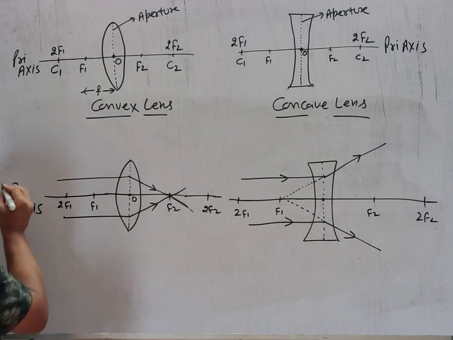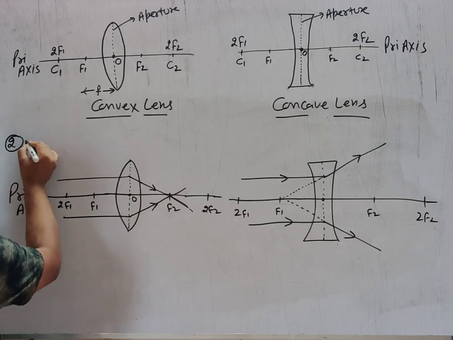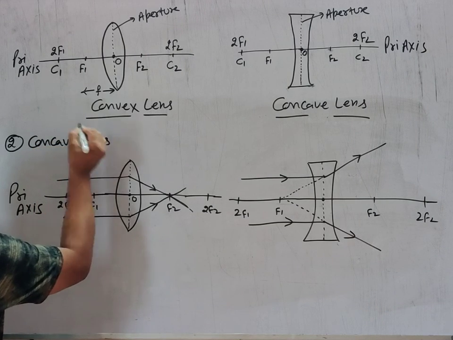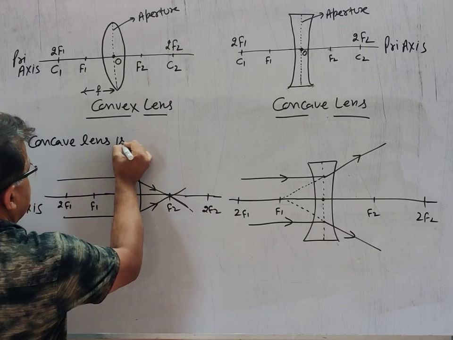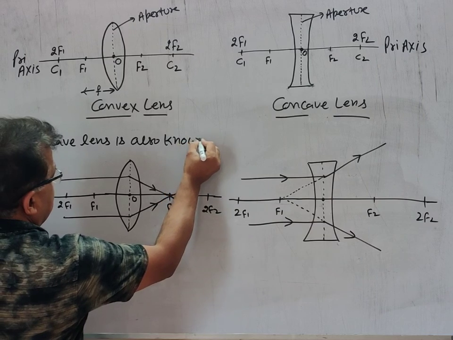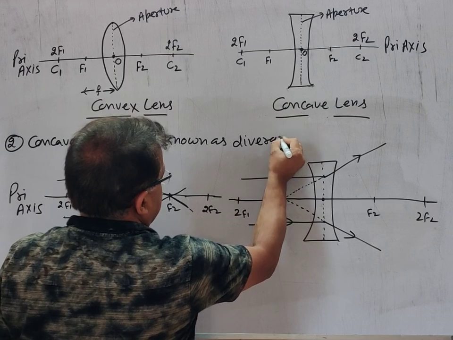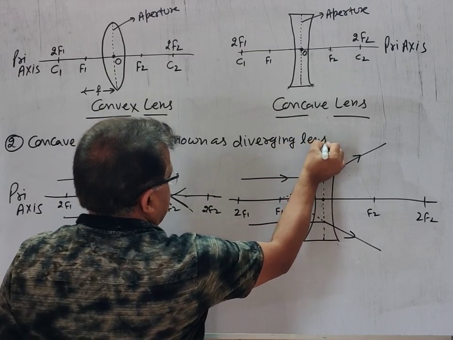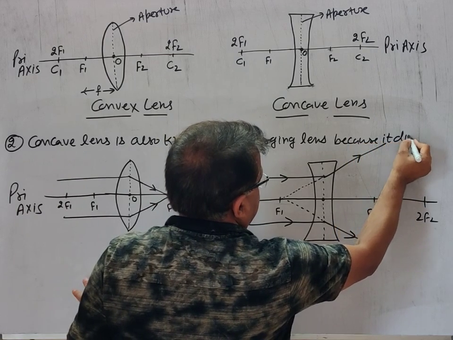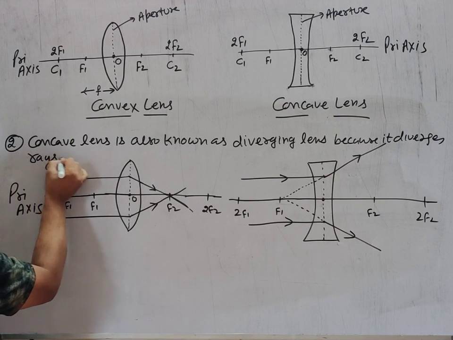So next point we can say concave lens is also known as diverging lens, because it diverges rays of light.